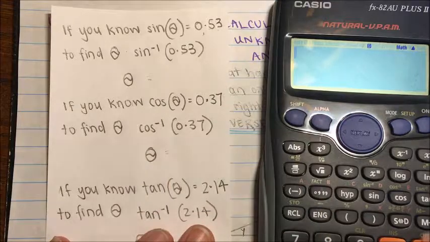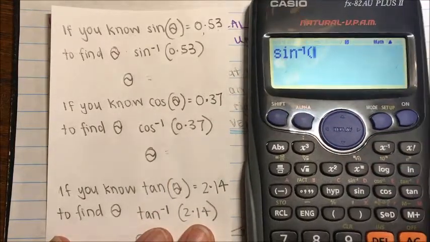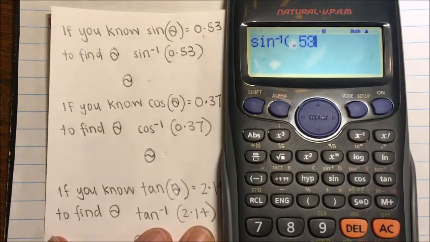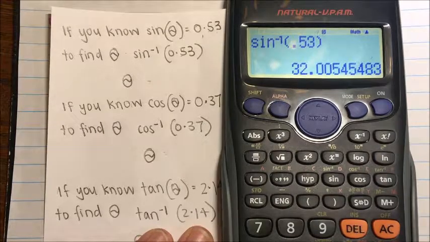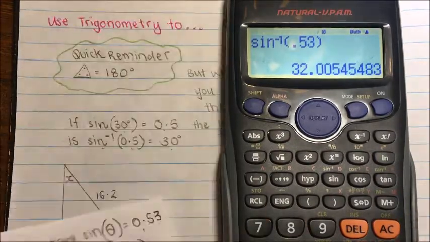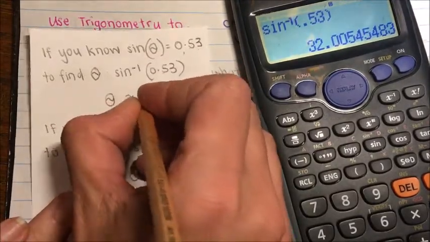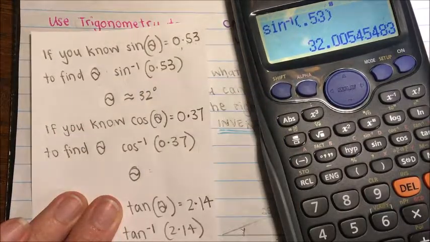So I'm going to go shift sine, because I want sine to the power of -1, and I type in 0.53 to find the inverse. And I get what is very, very close to 32 degrees.